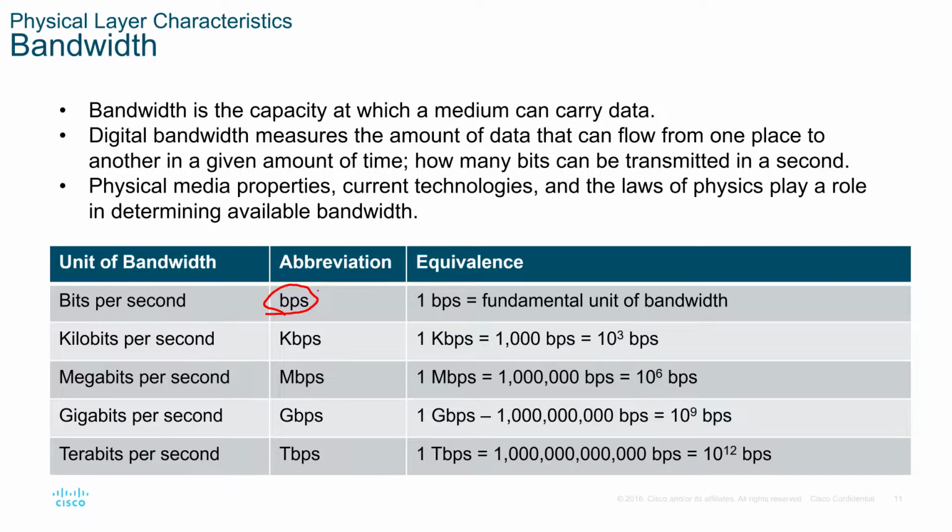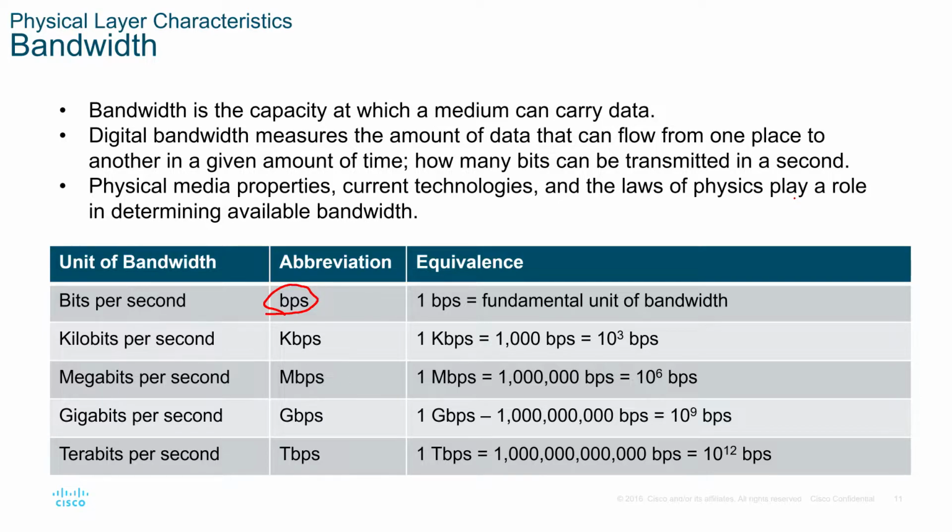Many people confuse this with bytes per second. No, it is bits per second. If you wanted bytes per second, you would need to divide by 8. The physical media properties and the current technologies and the laws of physics play a role in determining the available bandwidth.